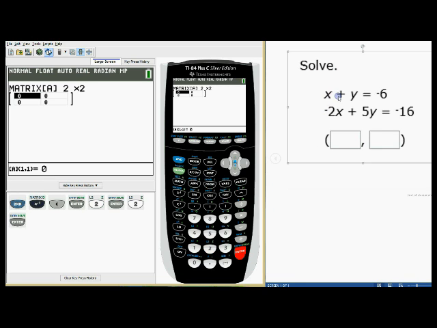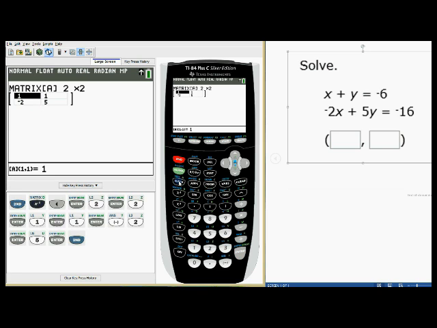So at the top, I'm going to put my first coefficients, which is 1 and 1. And underneath, I have -2 and 5. That's our first matrix, 1 and 1, -2 and 5.